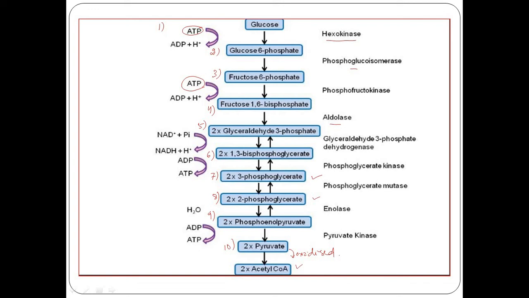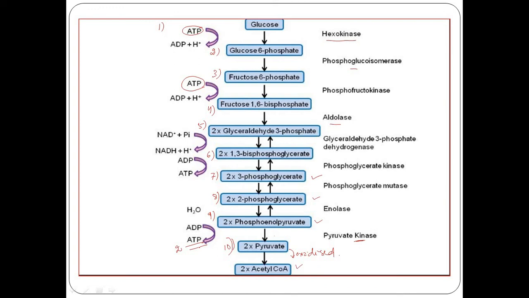In the ninth step it forms 2-phosphoenolpyruvate, and from that, in the presence of pyruvate kinase, it forms pyruvate, along with 2 molecules of ATP. This is all about the steps of glycolysis.